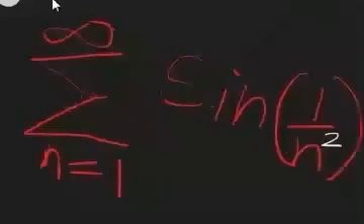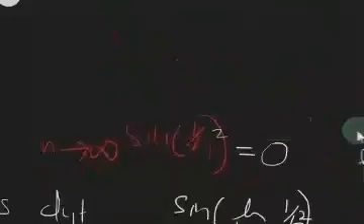Now if you look at this infinite series, this time you have sine of 1 over n squared, right? And we know that all terms of this are non-negative for all n, right? Also the limit of this one goes to 0.